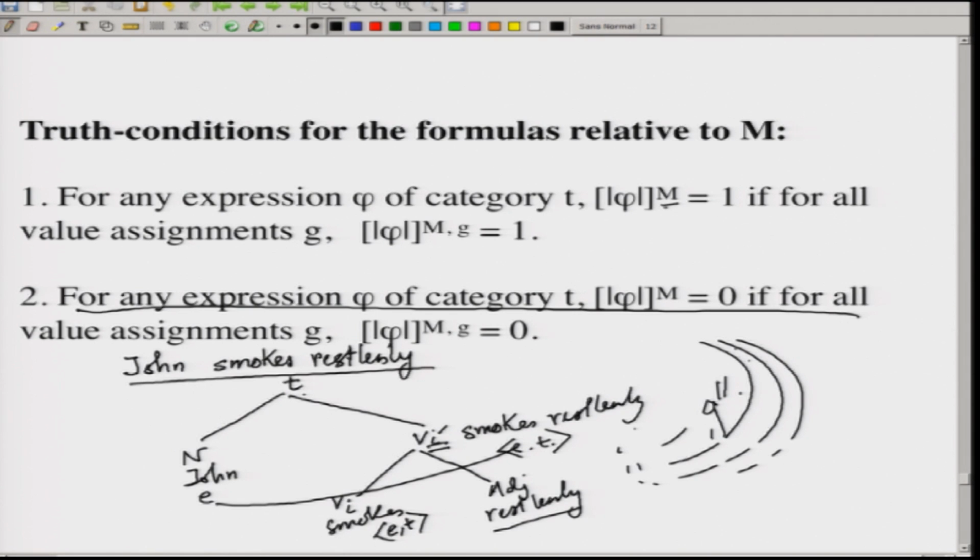Then what will be the type of restlessly? Definitely, it takes an E to T and yields another E to T. So any adjective would be of the type E to T to E to T, right?